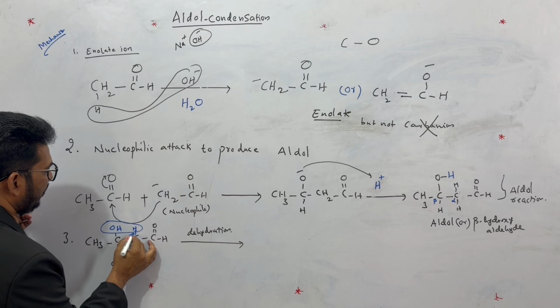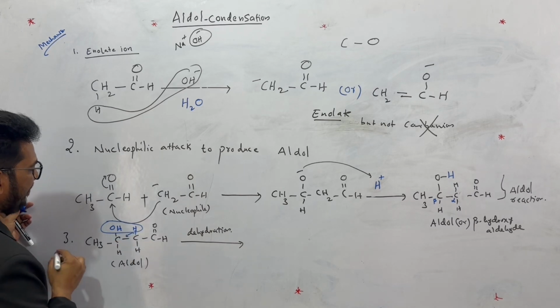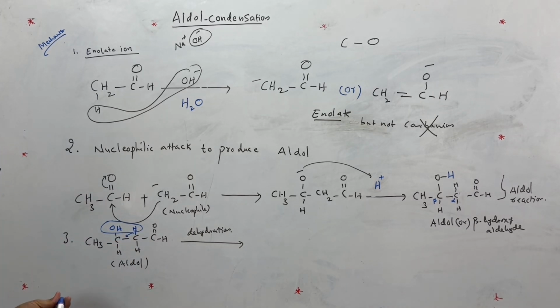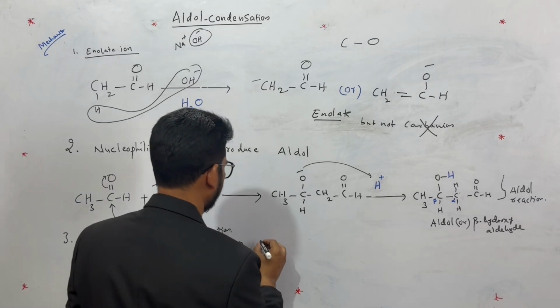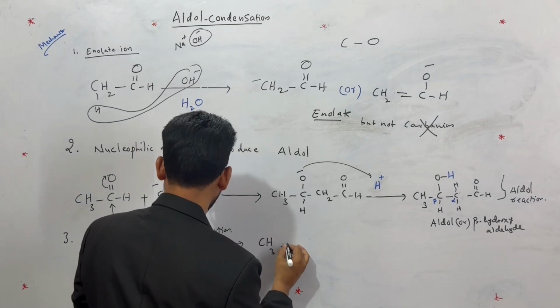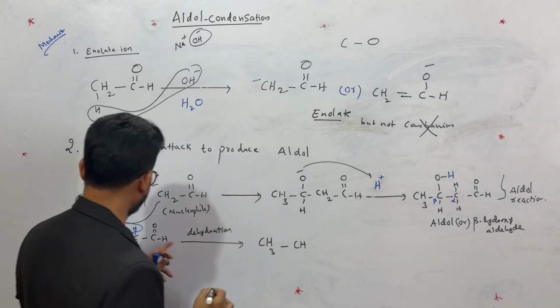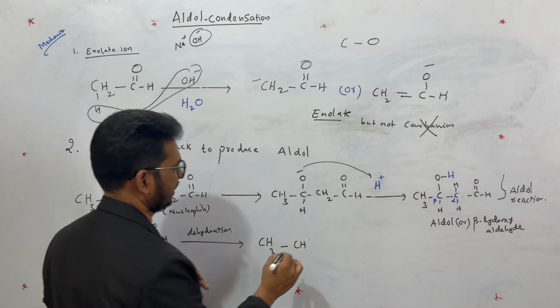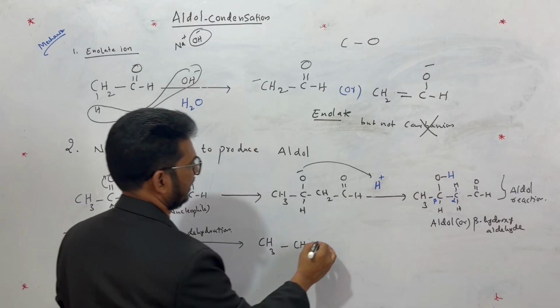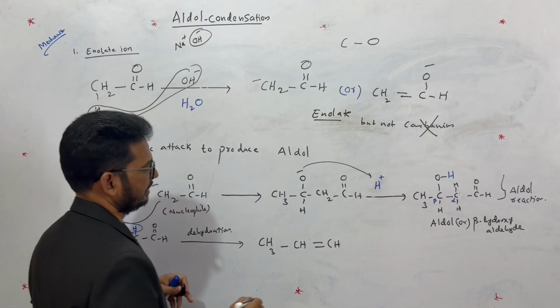Then the hydrogen's pair of electrons stays here for the formation of the double bond. Then what is produced now? CH3, CH, next the double bond, because this hydrogen gave its pair of electrons, then another CH, then CHO.